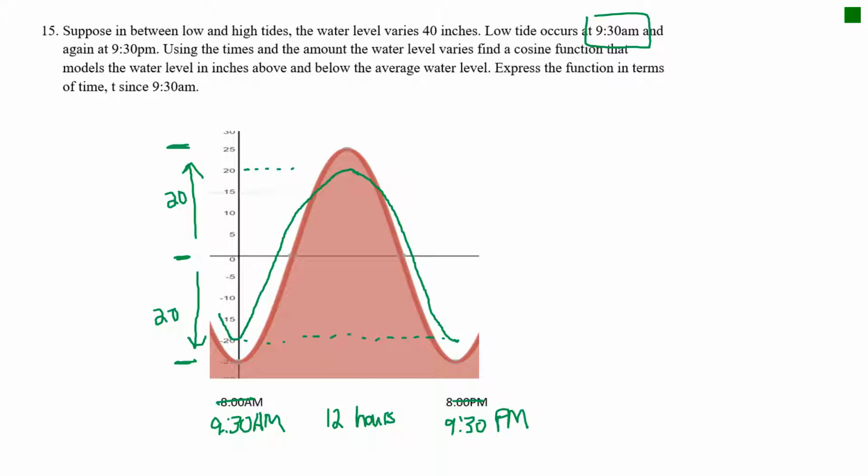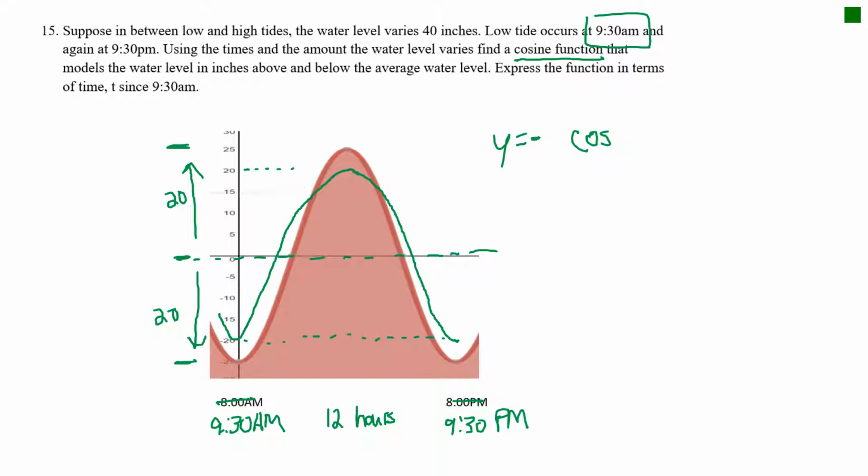So I have a cosine function that I need to do, and that says that in the problem. So I'm going to start off with y equals cosine, but I need to put something in front of it. Now, because my graph starts below the midline, which is right here, I have to make it a negative because it's starting below the midline.